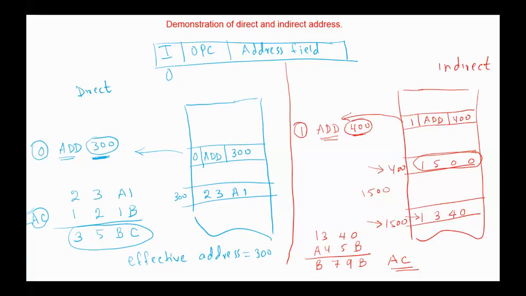As you see, in direct addressing mode, we have in the instruction the address of the operand, but in indirect addressing mode, we have in the instruction the address of the memory location that stores the address of the operand. Here, the effective address is 1500.